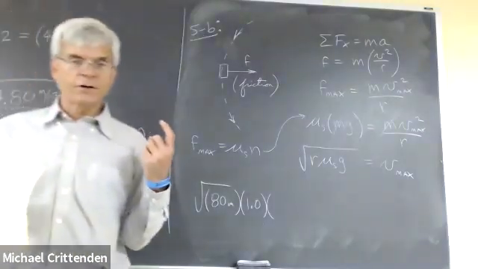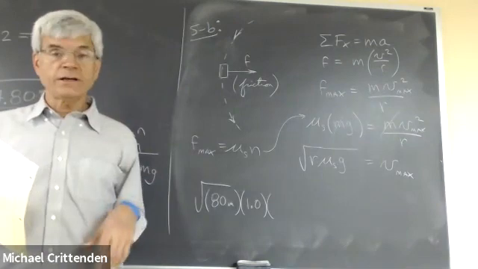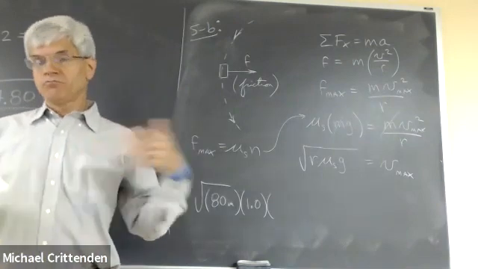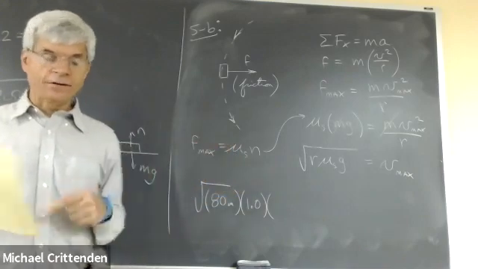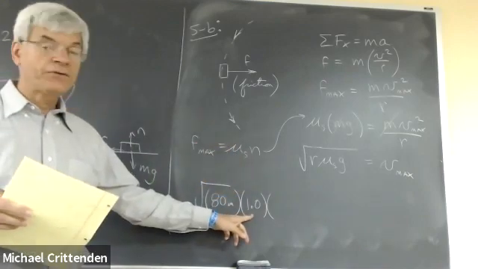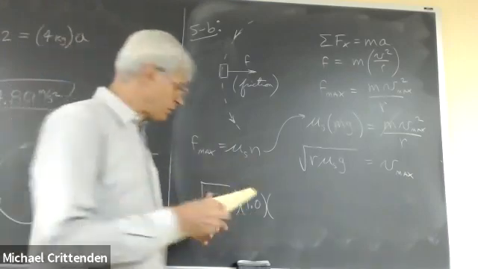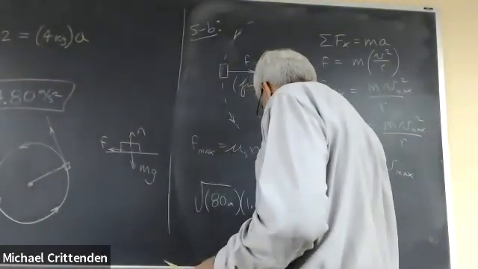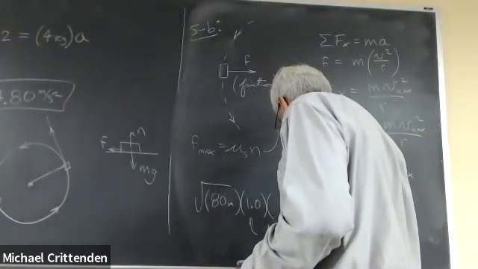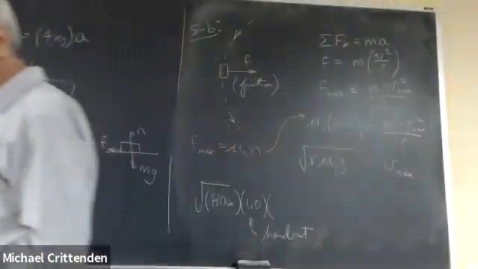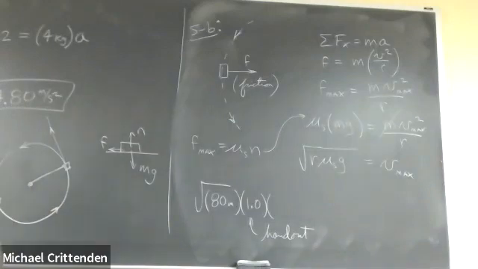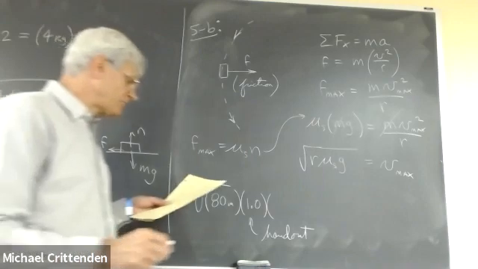You go to the table of friction coefficients in your formula sheet, and what do you know? There's an entry in that table for rubber on dry concrete, and the coefficient of static friction is 1.0. So where that came from was the handout. I looked it up on the handout, and g is 9.8.